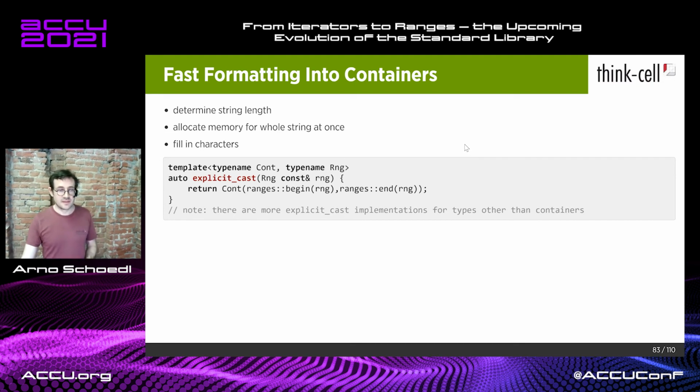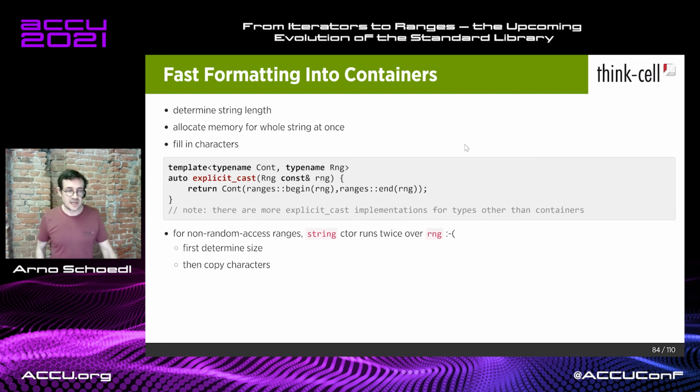Now, the problem here is, and I was kind of surprised that that's the case, for non-random access ranges, the string constructor or the vector constructor will actually run twice over the range, because it will think it's very important to determine the length up front. So it will run first over it once to determine the length, and then it will run over it again to copy the characters.